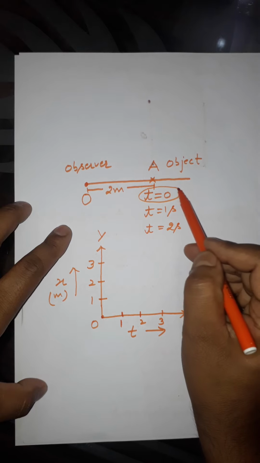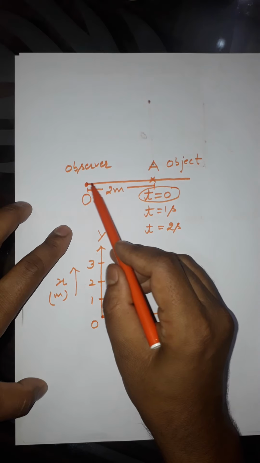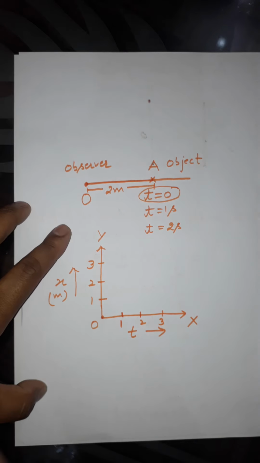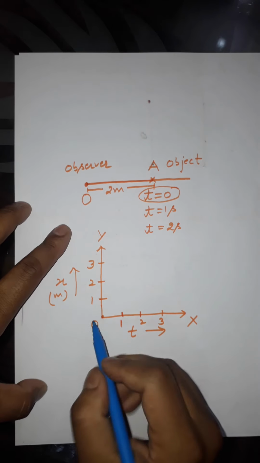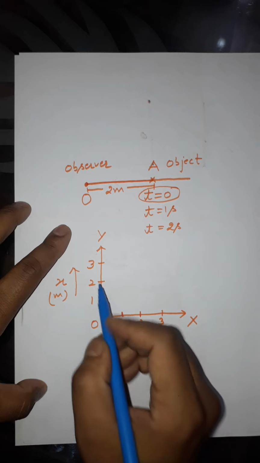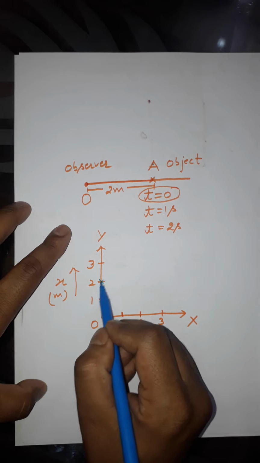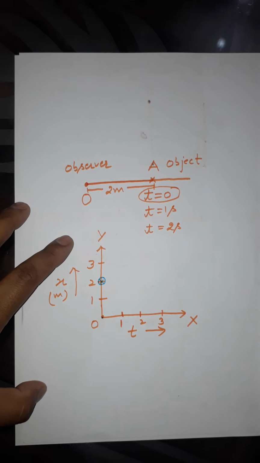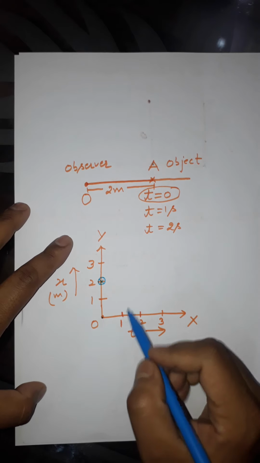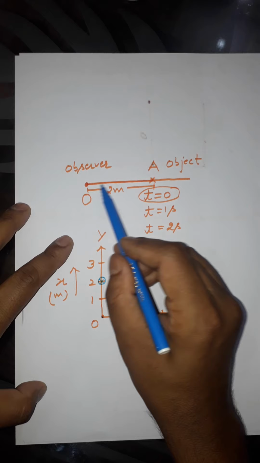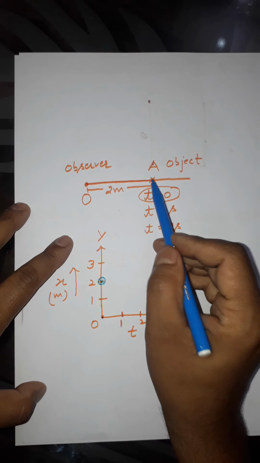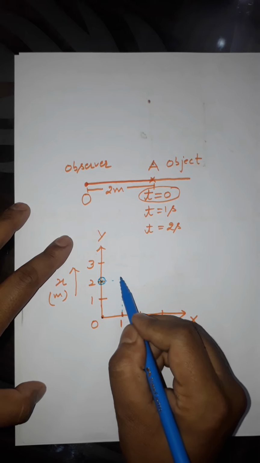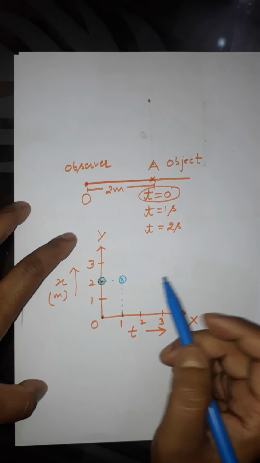Now let us draw a graph. When time is 0, distance of object from the origin is 2 meter. So in this graph for t is equal to 0, object is at 2 meter, so we'll find the point somewhere here. When time is 1 second, object again remain at the same distance, that is 2 meter, so another point is marked somewhere here.